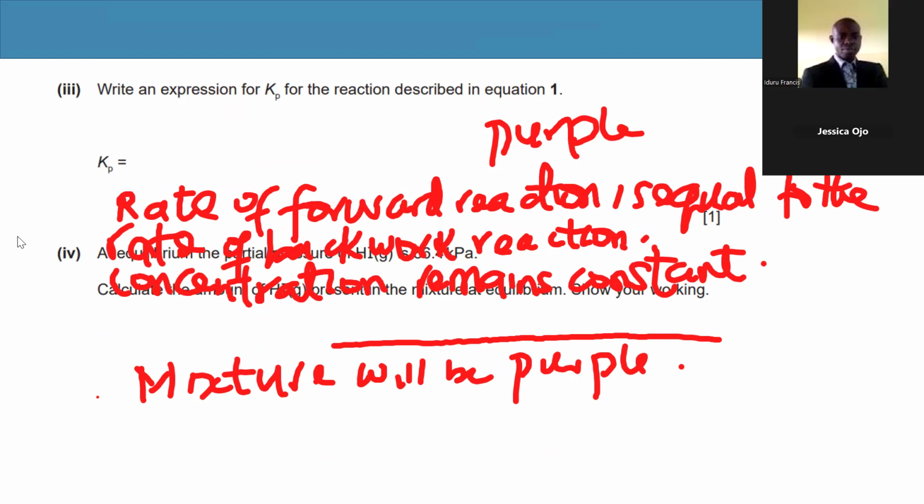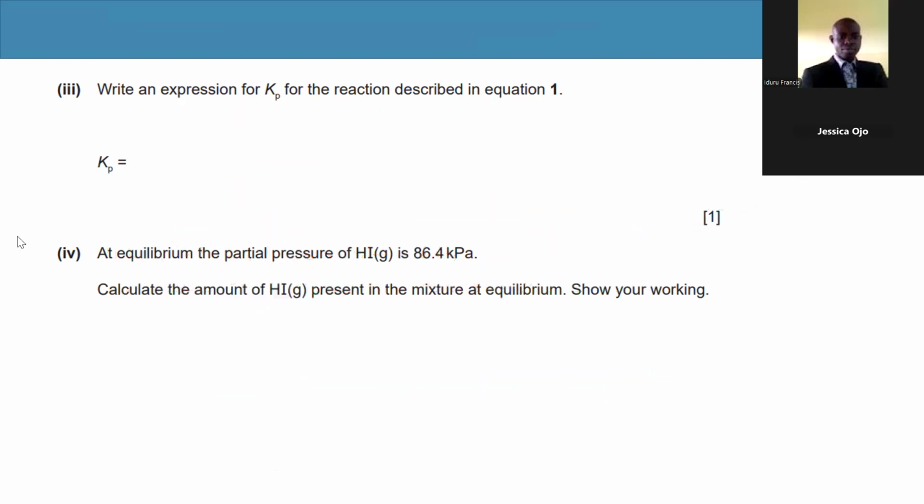Write an expression for the equilibrium constant. Since we have 2HI reversible to give I2 plus H2, what are we keeping?